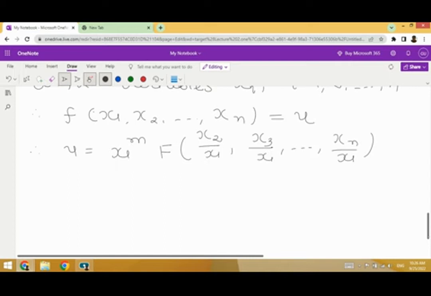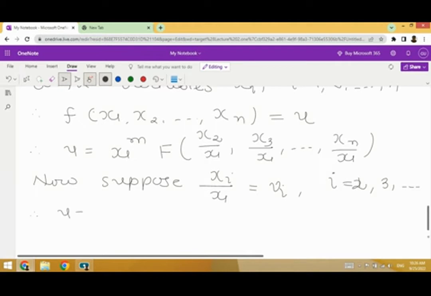Now suppose xi upon x1 is equal to vi, where i is 2, 3 up to n.